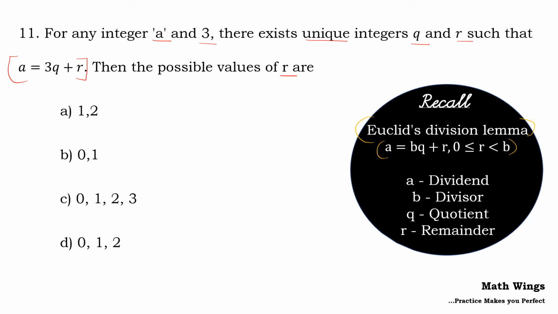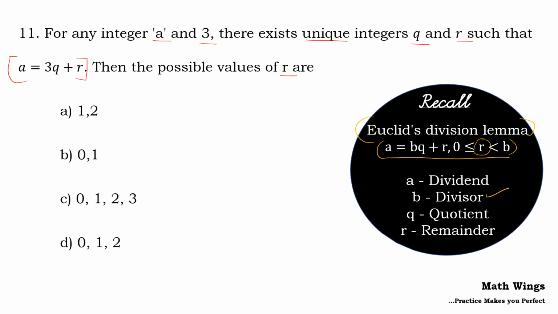So the remainder should be greater than or equal to 0 as well as lesser than b, that is, lesser than the divisor.